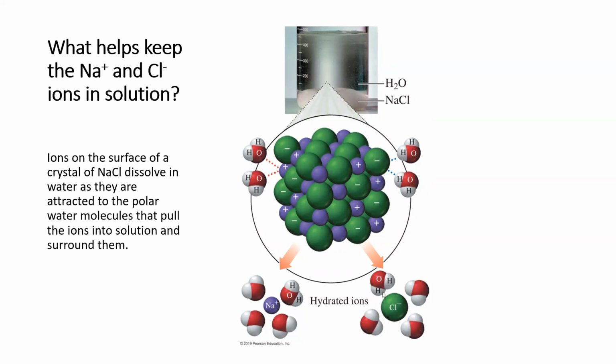Notice how the partially positive part of water is surrounding the negatively charged chloride ion. So eventually the solid crystal is pulled apart into its individual ions and surrounded by water molecules. We say that when that happens, it's in solution, and we no longer see the solid crystal.